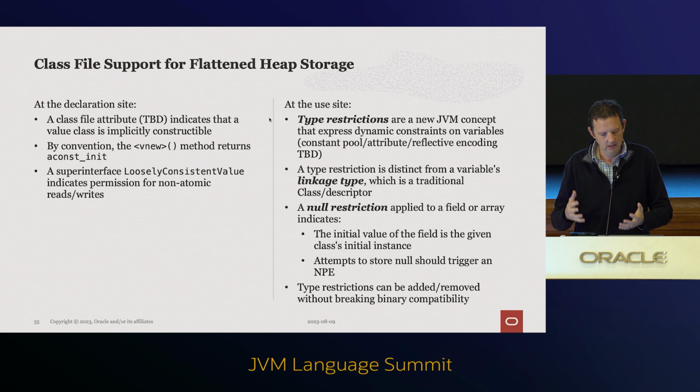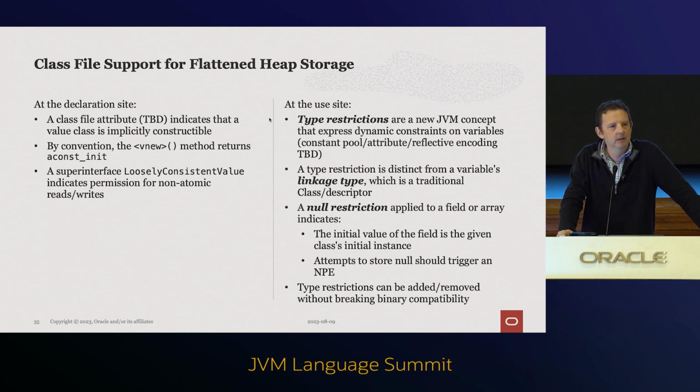There's going to be a family of new kinds of types, but we don't want descriptors to blow up. And I mentioned we're interested in compatibility. We don't want changing the nullness of a field to break binary compatibility.